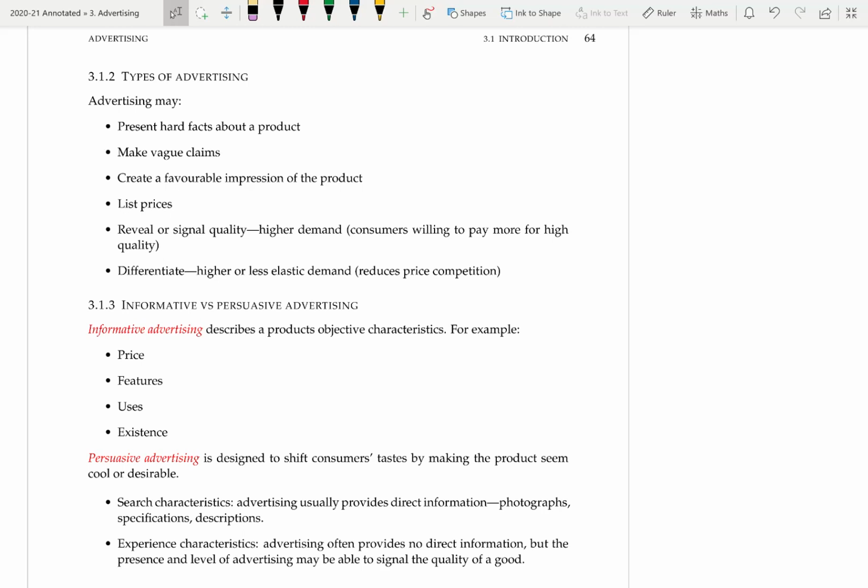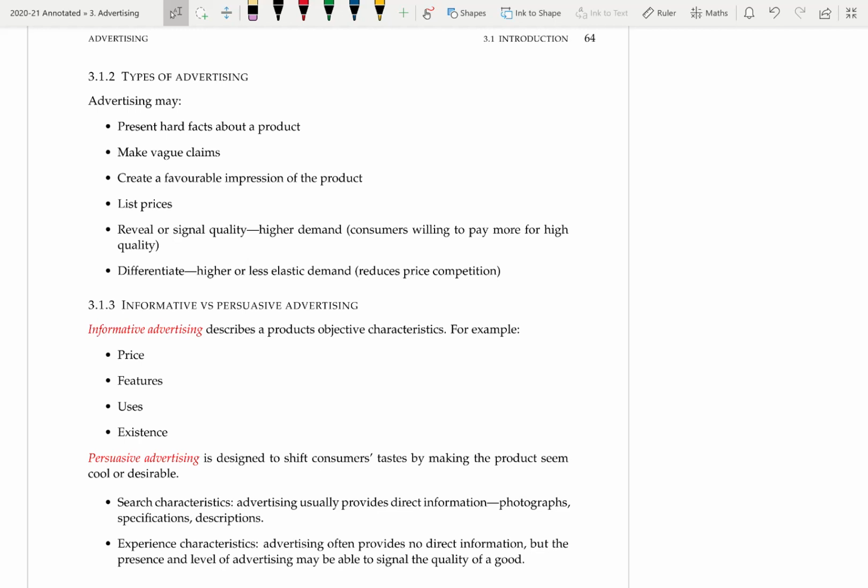On the other hand, persuasive advertising is designed to shift consumers' tastes by making the product seem cool or desirable. Whereas informative advertising is informing consumers about attributes that affect their willingness to pay, persuasive advertising is about trying to affect consumers' preferences. Informative advertising is about telling consumers about the attributes that affect their preferences, but doesn't seek to change how much they value certain characteristics.